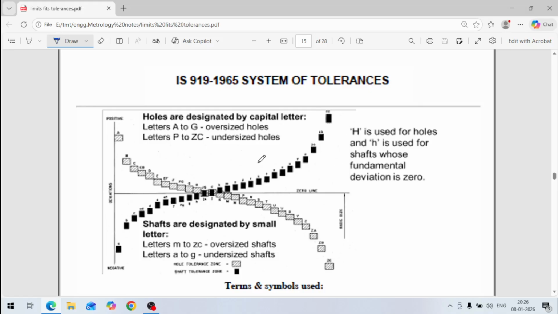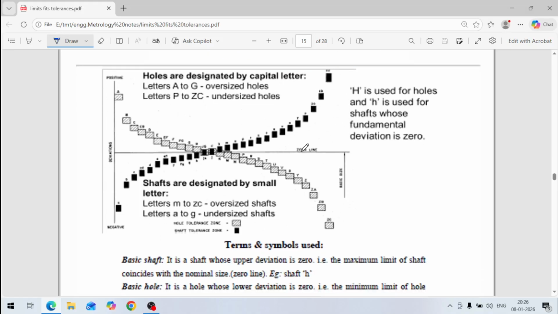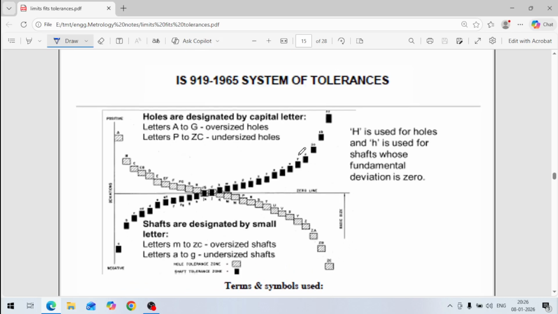If you see in this diagram, these are all representing holes. Holes are represented by capital letters.